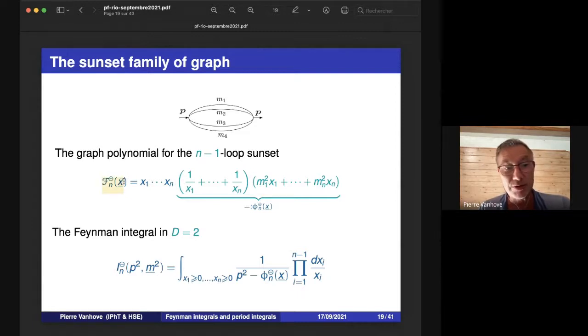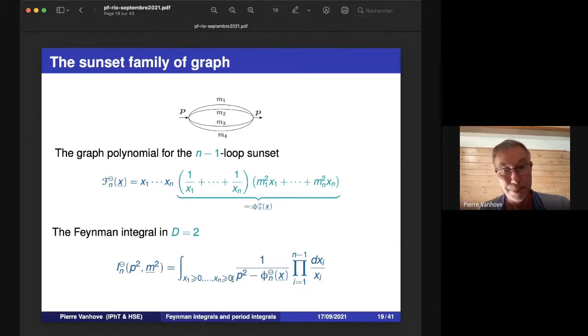It is a case where the F polynomial has a form with this object that I call phi, and there is p squared minus phi. You see phi is homogeneous of degree 0. And because I have factored out the power of the coordinate, I'm getting this measure that is the natural one, dx over x times an object that is p squared minus this Laurent polynomial, integrating over the positive quadrant.